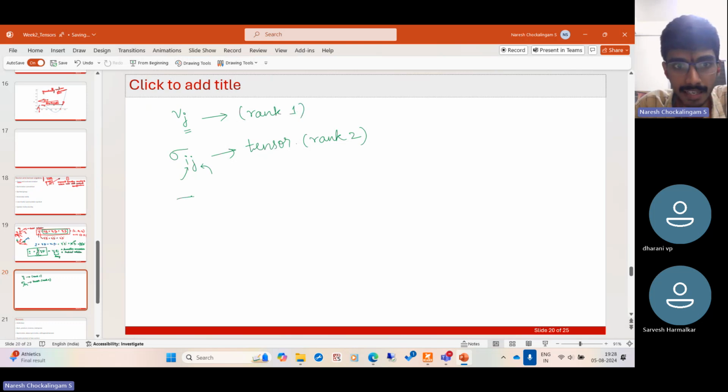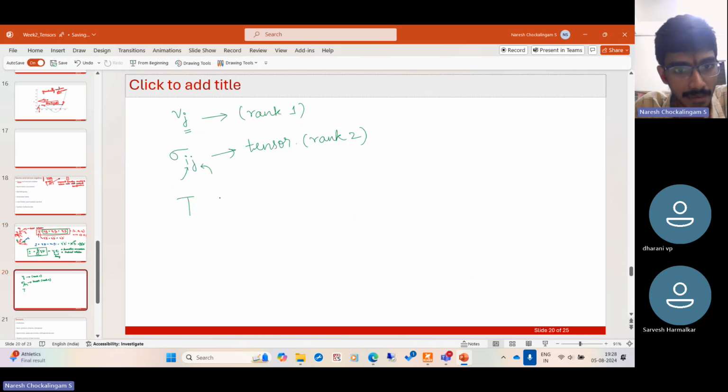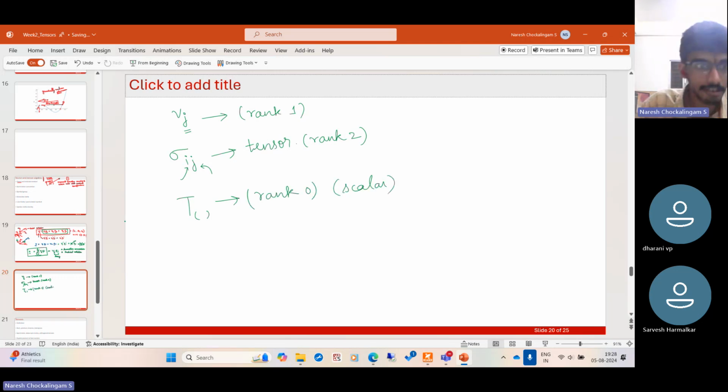What about a scalar field, say the temperature at a point? Regardless of how you orient the coordinate system, the temperature has no direction. Therefore, the temperature is invariant with respect to coordinate transformations. So something like the temperature field doesn't have any indices. That is a rank 0 tensor, or a scalar. So these are all basics.